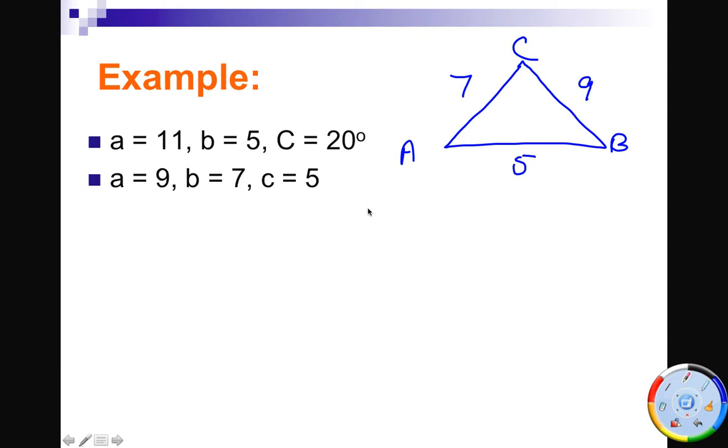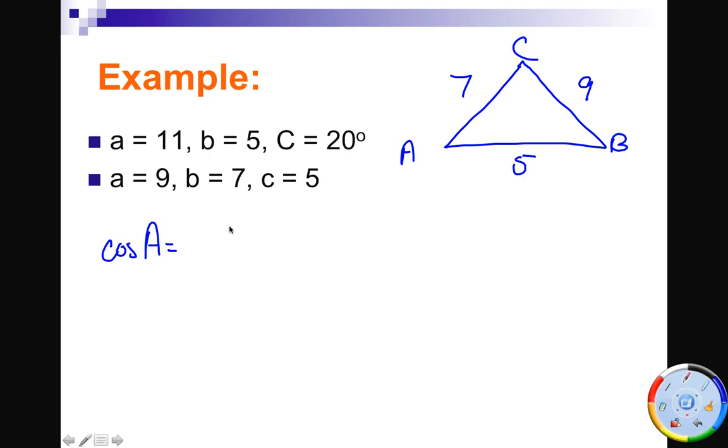In this version, I like to find the largest angle for law of cosines, because cosine will give you an obtuse angle. So let's say the cosine of A. I know A is the largest angle because it's across from the largest side.